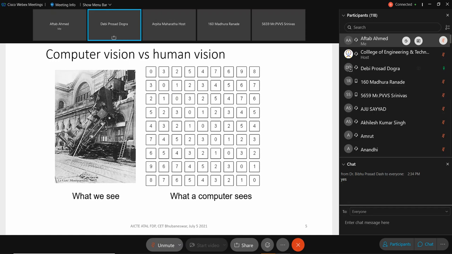As a computer vision scientist or a visual surveillance expert, you need to represent this array of numbers in such a way that you can find a mapping between what we see and what the numbers are. Finding a good mapping is very important.